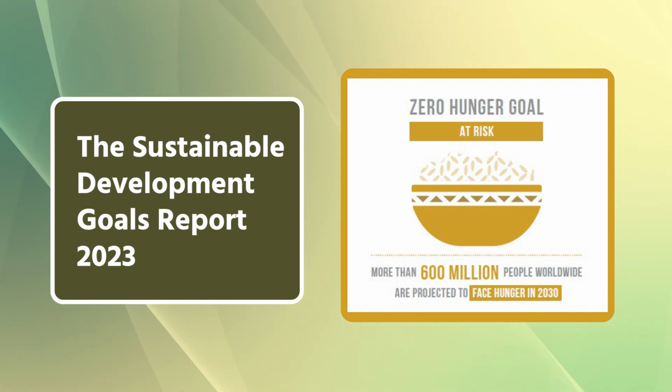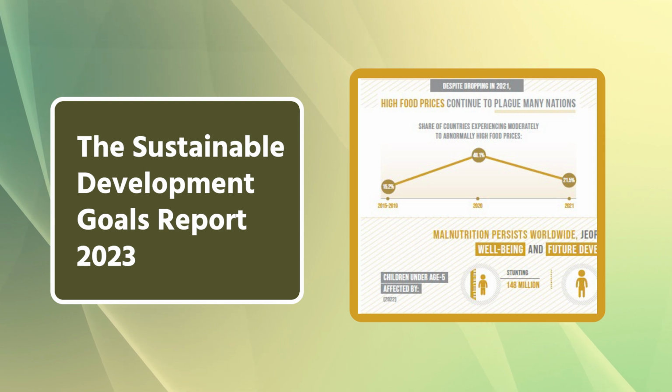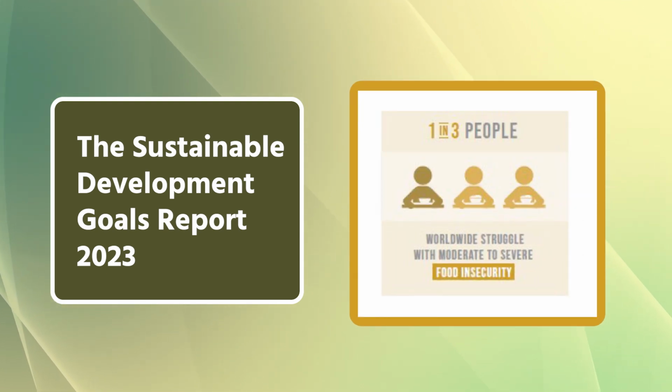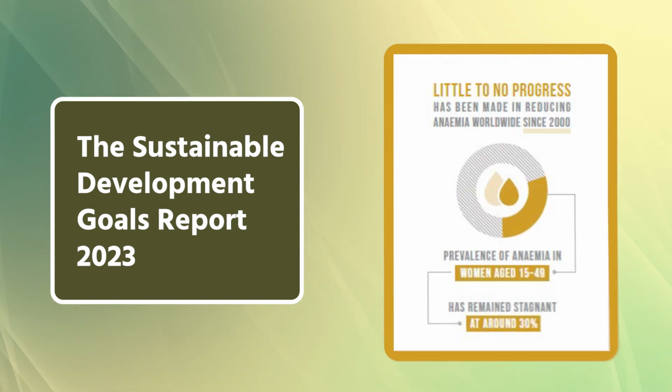We have high food prices. In the same way, 1 in 3 people worldwide struggle with moderate to severe food insecurity. And if you look at indicators like anemia, they are stagnant. We do not have much progress. We need to progress a lot.